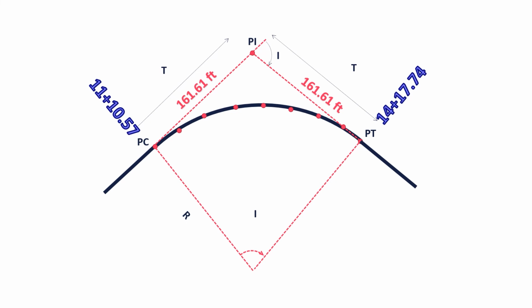If we connect all these points, then we get a horizontal curve. So the big picture of how we fix the horizontal curve is that we fix the points first, and we join all the points, and those points form a curve.